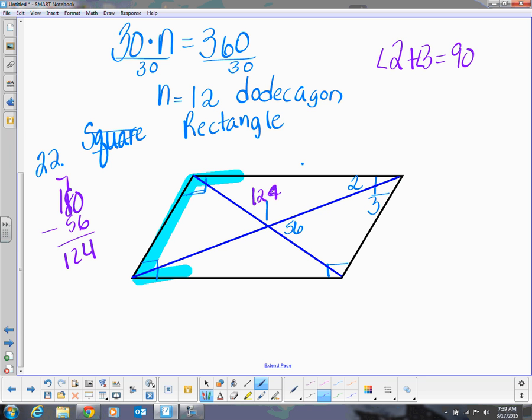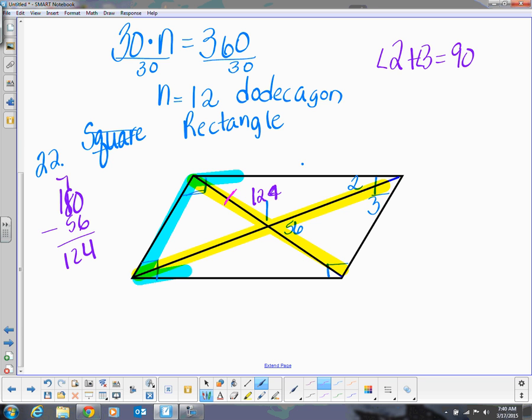That's for sure. But we're stuck in the middle. What do we know about the diagonals of a rectangle? They are congruent. That means this segment from here to here is congruent to this segment. Do you agree? Okay, what do the diagonals of a parallelogram do?